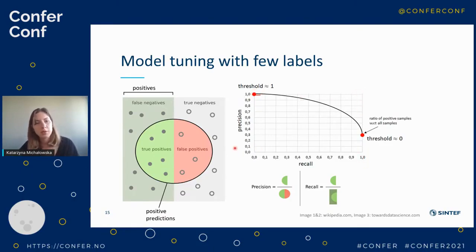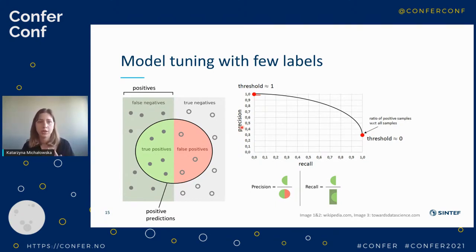And then a random guessing of what class it could be, for the precision would be equal to the ratio of positive samples, so the actual anomalies, with respect to all of our data. So for instance, if 33% of the data was anomalous, this line would go here. This would be random.